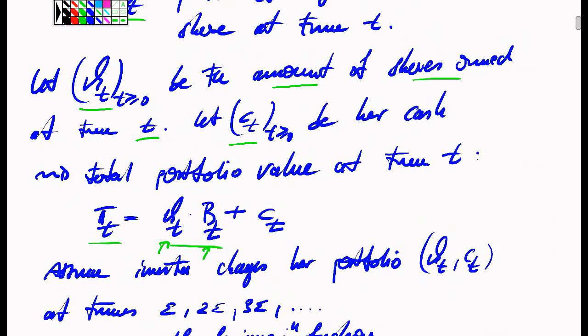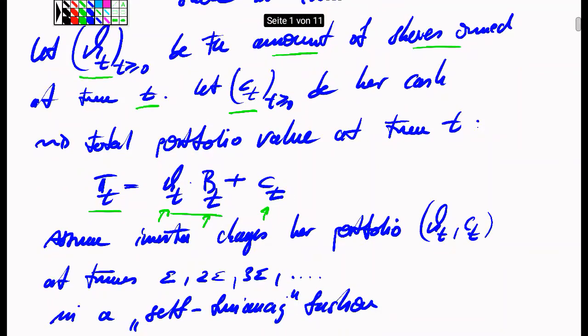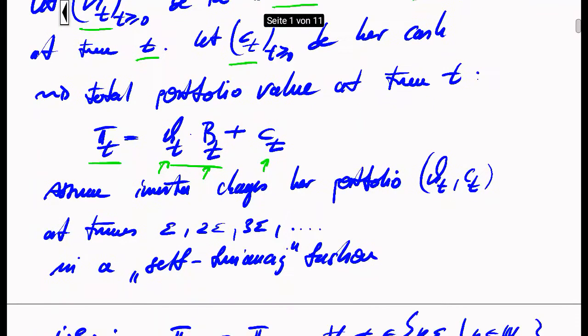So that's the contribution of his share property to his total wealth. And of course he has C_t amounts of euro, say, in his bank account. So his total portfolio value at time t is given by this expression.